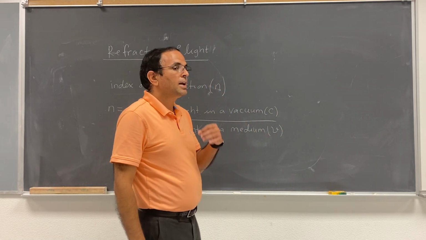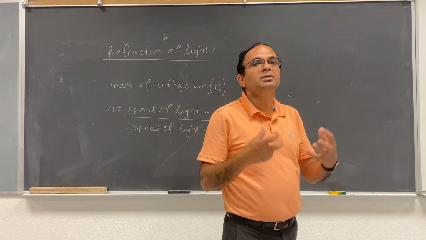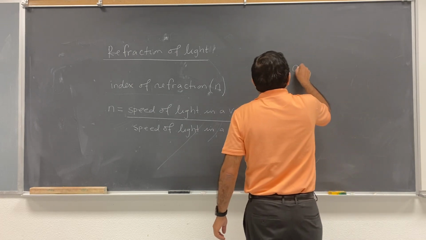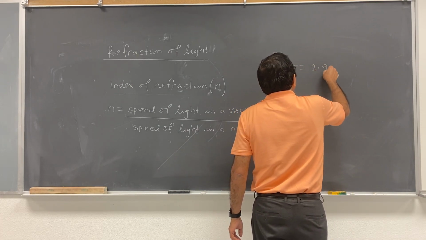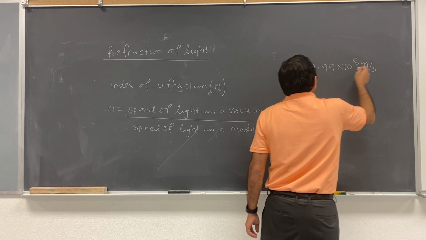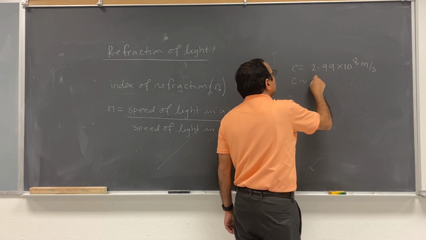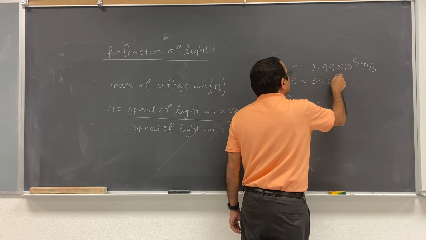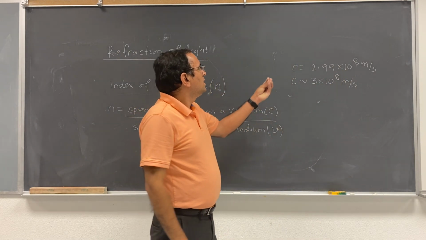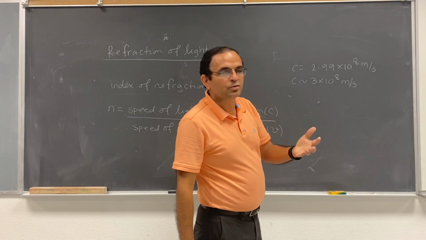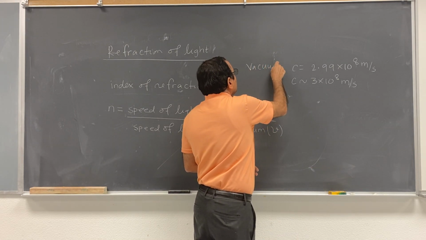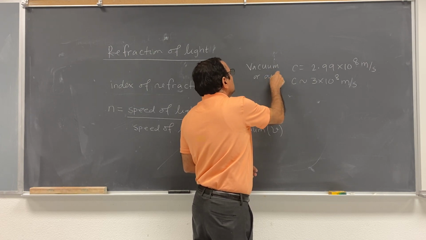Light has a speed in a vacuum that is c. It is 2.99 times 10 to the power 8 meter per second, or roughly you can use 3 times 10 to the power 8 meter per second. This is the speed of light in a vacuum, or in air also. In vacuum or in air also we use the same number.